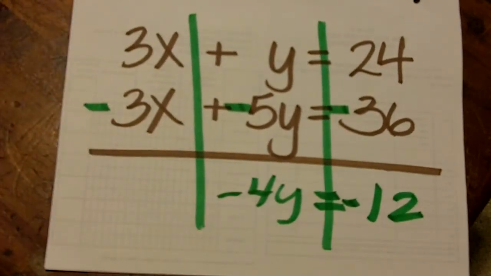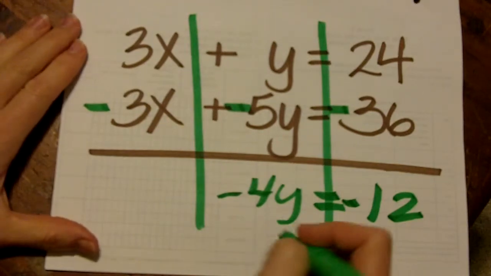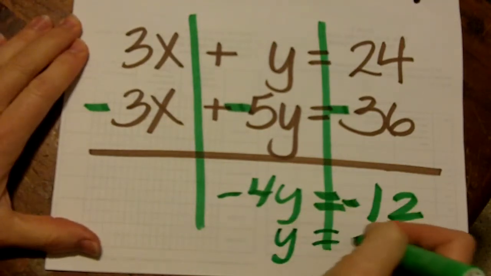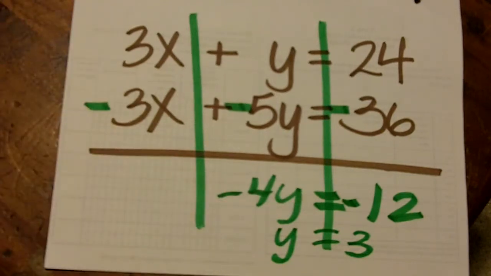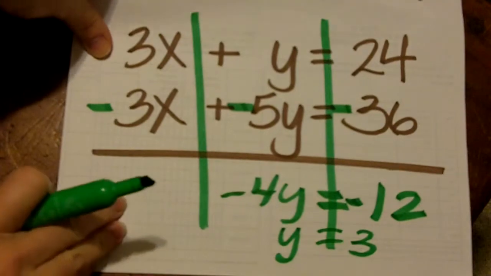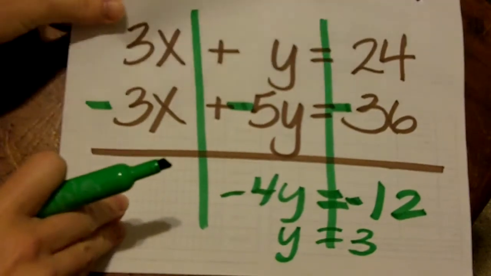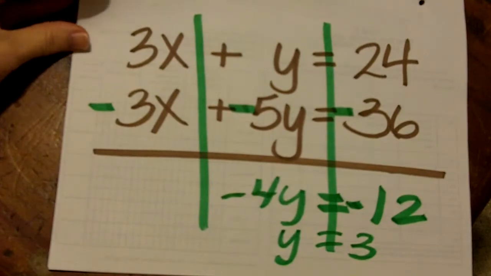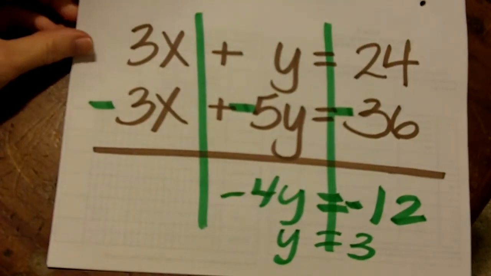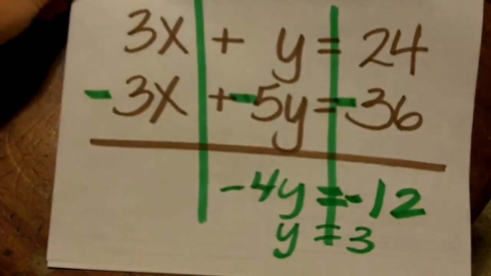When we divide negative 4y by negative 4 and negative 12 by negative 4, we get y equals 3. Now, because these are simultaneous equations, we are looking for the point x and y that would make both equations true. And so we have found the y.